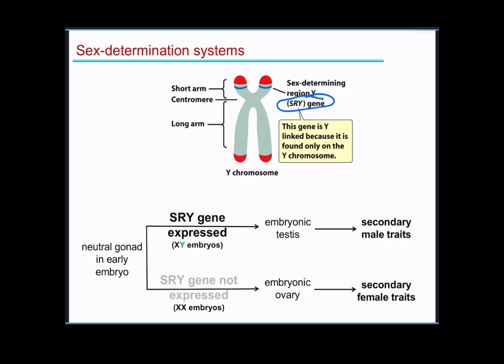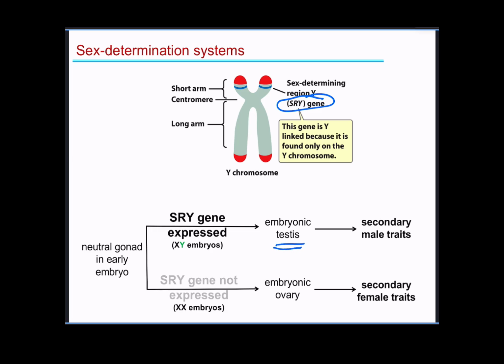When the SRY gene is present and expressed in XY embryos, its protein product will target embryonic gonads that are up to that point neutral. So the embryonic gonad is developing without any female or male characteristics. But if the SRY protein is present, the embryonic gonad will become an embryonic testis.